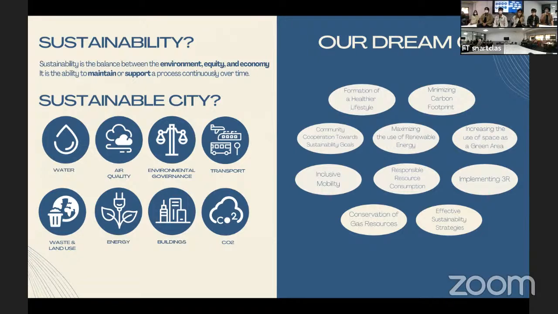Thus creating a butterfly effect of formation of a healthier lifestyle, minimizing carbon footprint, community cooperation towards our sustainability goals, maximizing the use of renewable energy, increasing the use of green areas, inclusive mobility, responsible resource consumption, implementing 3R, reduce, reuse, and recycle, conservation of gas resources, and also effective sustainability strategies.